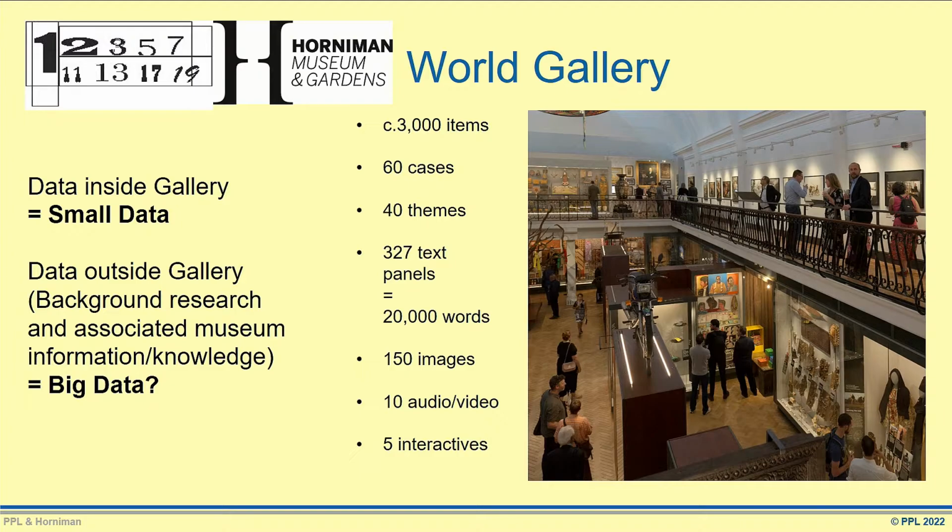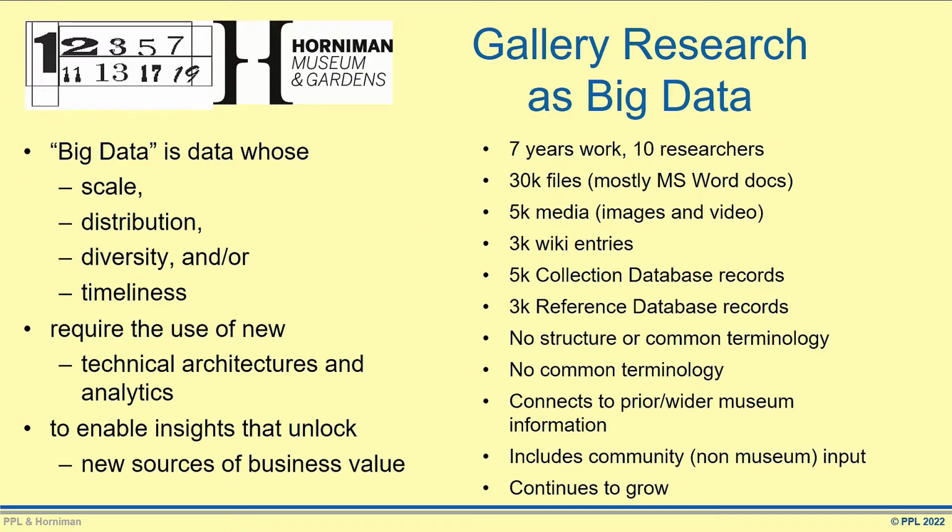But when I came into this project halfway through, or slightly after halfway through, a lot of the concepts about what might go into that layered data had started to be formalized, but there was no real mechanism for how it was going to happen. So we started to think of what we might want to publish as being quite a lot of data, 7 years of work with 10 researchers.